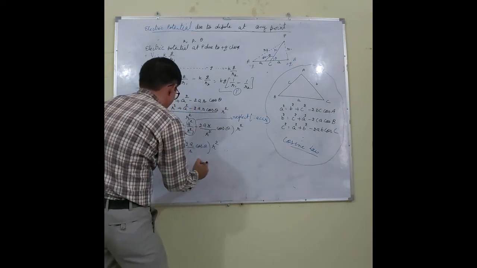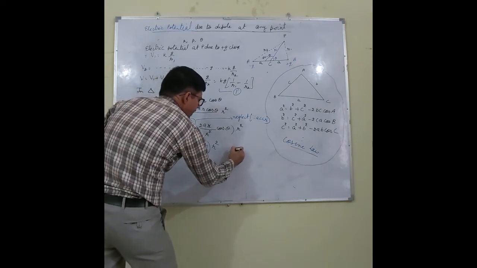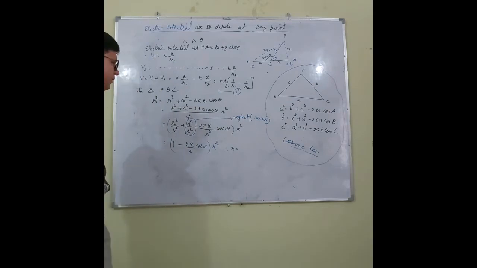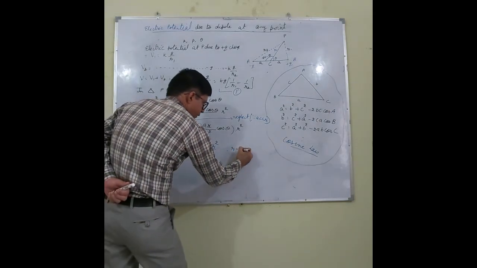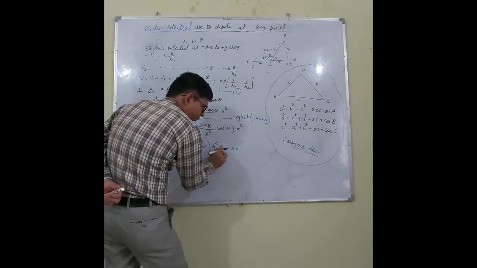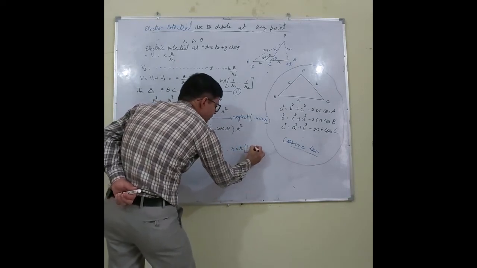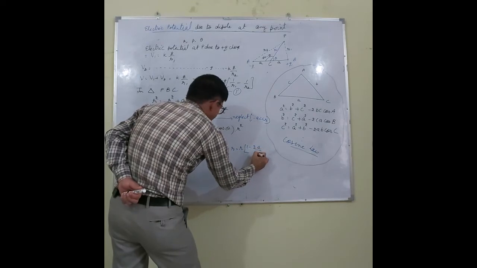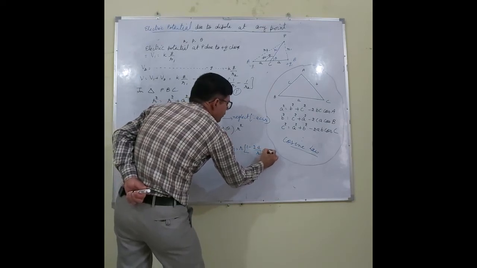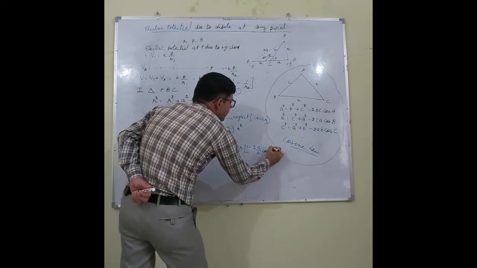Therefore, taking the square root on both sides, the square root of R square is R, and whatsoever is left, let its power be half.